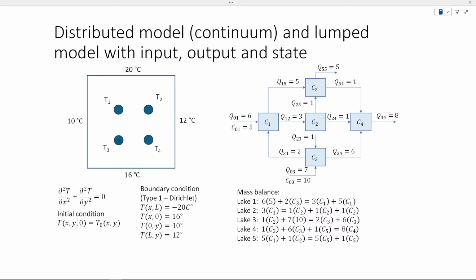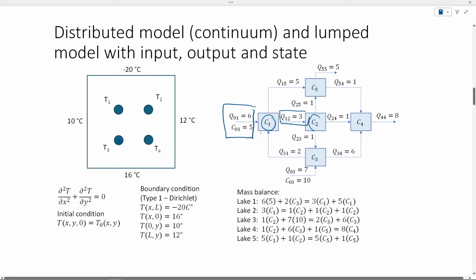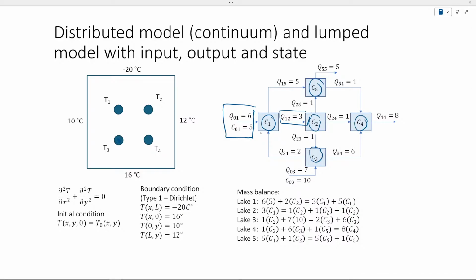On the other hand, this would be an example of a lumped model with input, output, and state. Here is my input, for example the flow and concentration. This is my output. I know my flow, I don't know the concentration, and I want to see how the concentration is changing here, here, and here in the system as a whole.